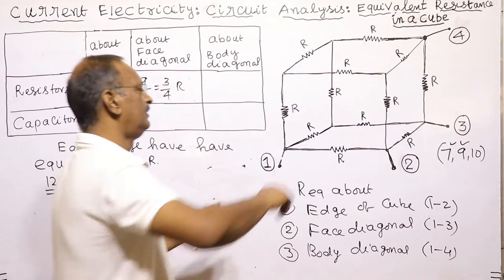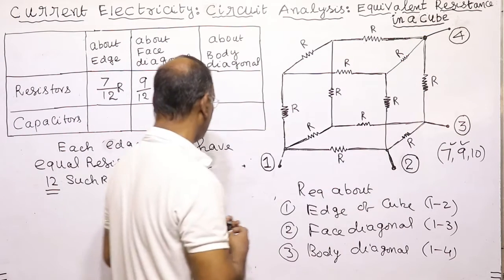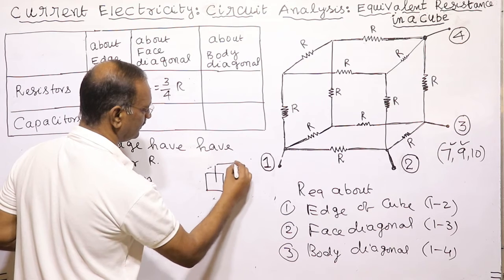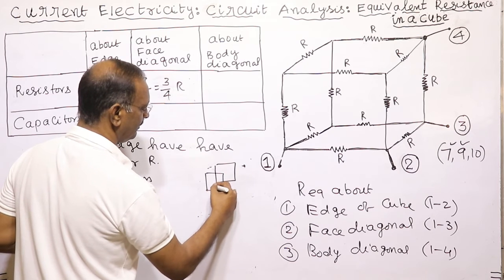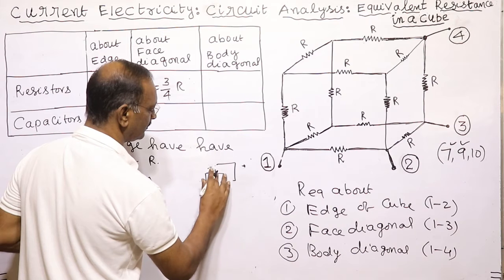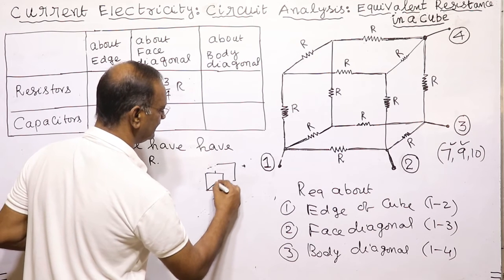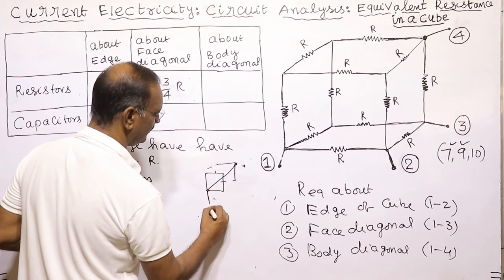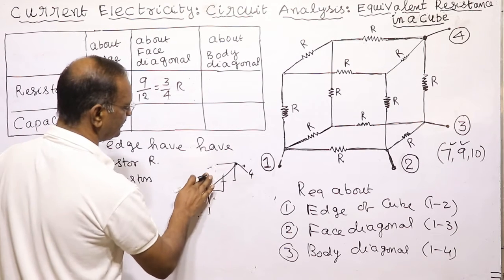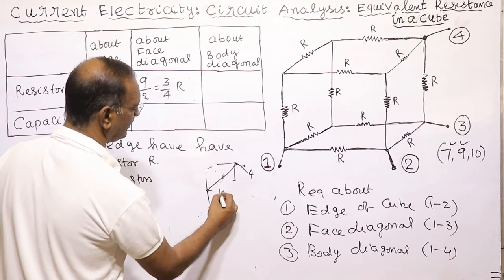Now we are going to find out the body diagonal. About the body diagonal means we remove this point, this. How to visualize this? This is 1, this is 4. We can remove this and find R equivalent.